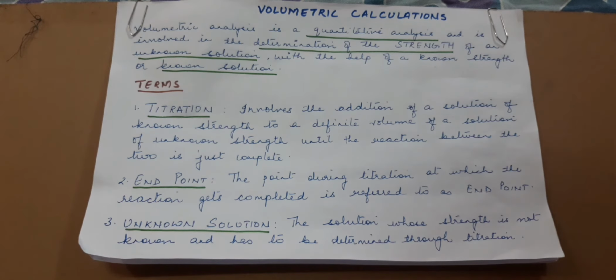Suppose A is an acid, B is a base. Now I will allow the reaction to take place by taking a definite volume of the unknown.